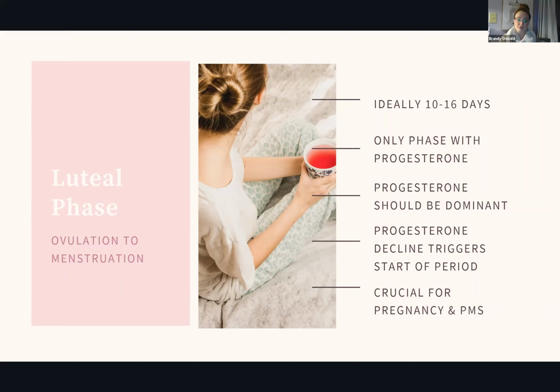At the end of the luteal phase, progesterone declines, and this is what triggers the start of the period. So progesterone serves many functions, one of which is to hold your uterine lining in place. It holds it in place so that there's enough time for the fertilized egg to implant itself into the uterine lining should pregnancy be desired or be accomplished in a cycle.